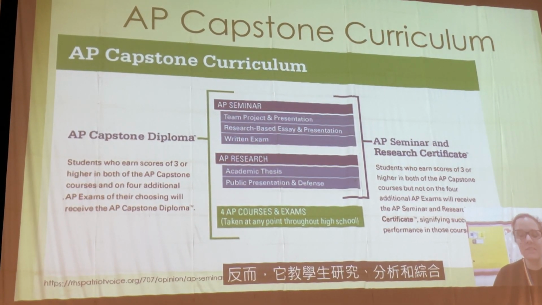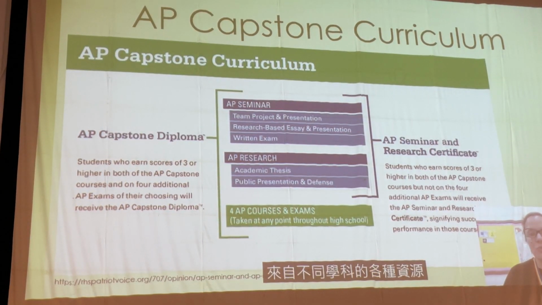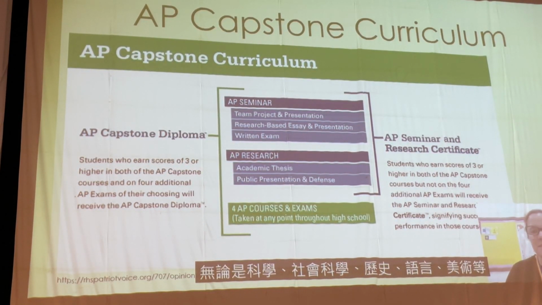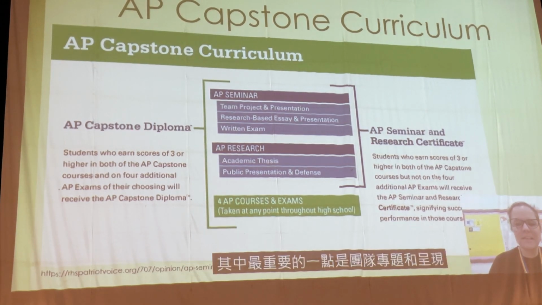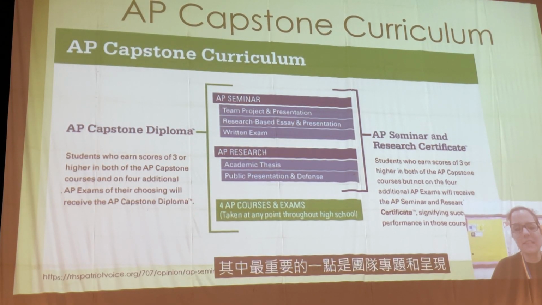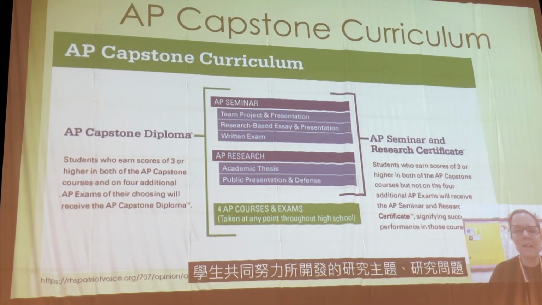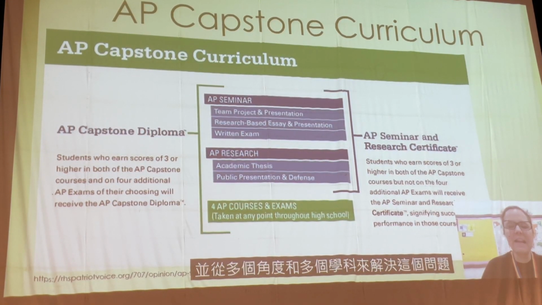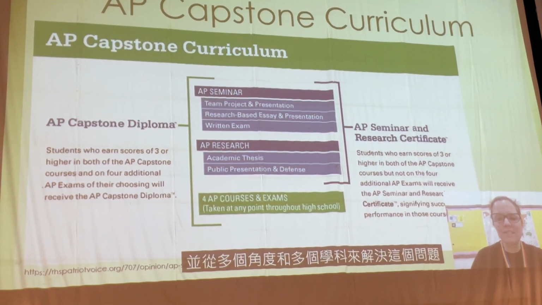Instead, it's teaching students to research and analyze and synthesize a variety of sources from various disciplines, whether it be science, social science, history, language, fine arts, etc. Through that, one of the most significant points is the team project and presentation, where students rely on working together to develop their research topic, their research question, and addressing this question from multiple perspectives and multiple disciplines.